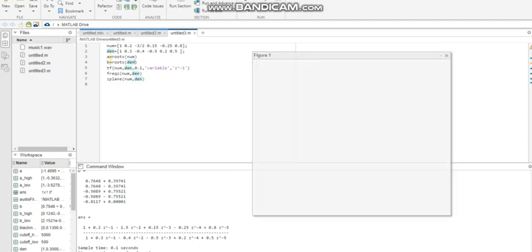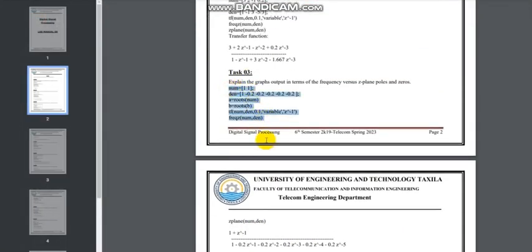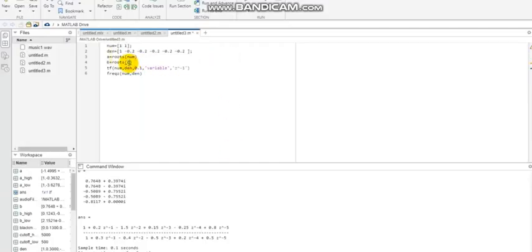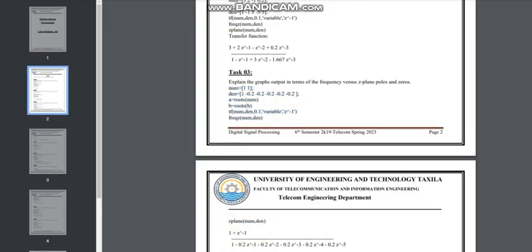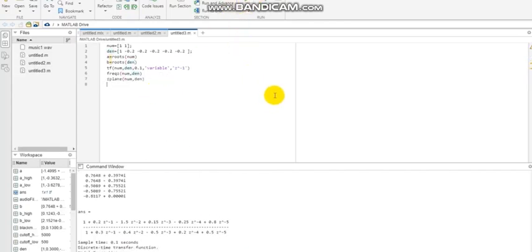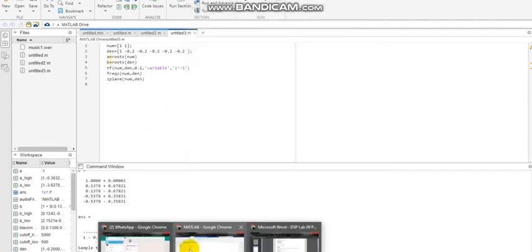Now moving on, we have another task. Again in task 3, we need to perform again with the denominator, and we put this value for the z plane as well, and we see the marginal stability of the system as one of the poles is on the line of the unit circle, so this is a marginally stable system.